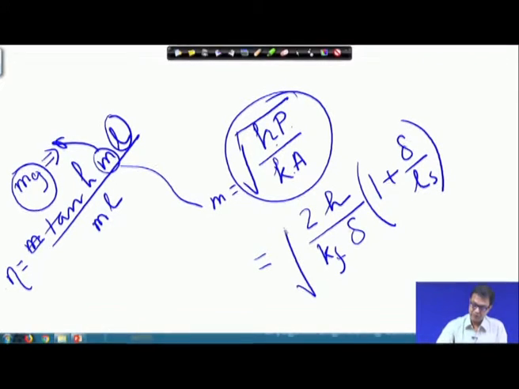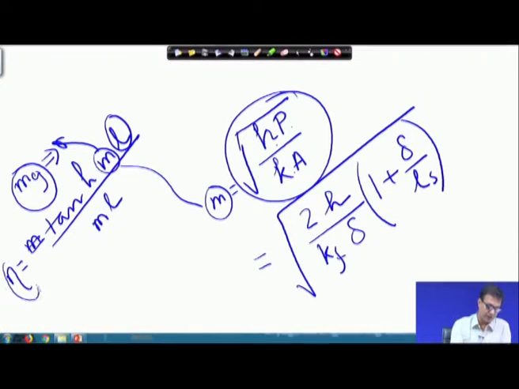This is the m parameter for the fin efficiency, and we can calculate it for both the gas side and the air side from this correlation.